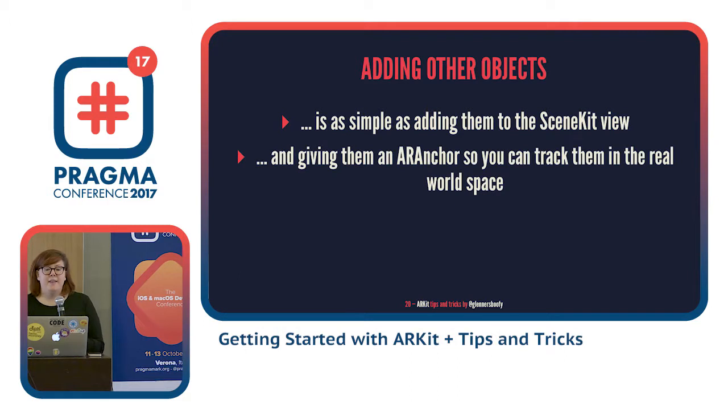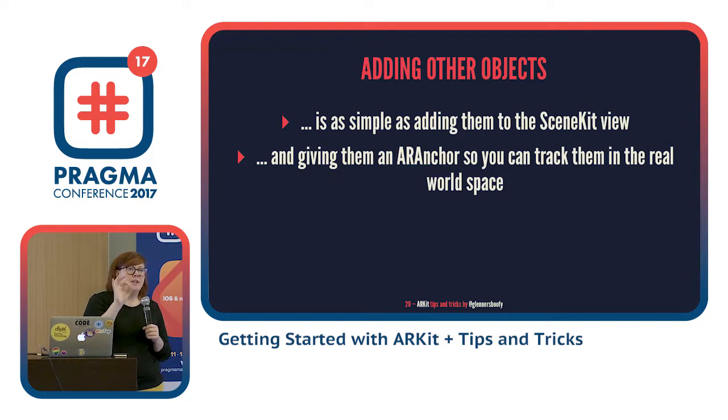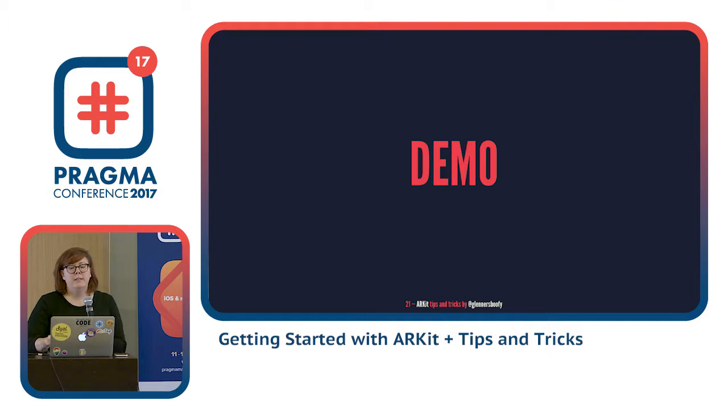And then if you give them an AR anchor, which is basically you say, hey, I want this object to be attached to this feature point so that when you pan the camera around, it adjusts the way you see the virtual object in the real world, then ARKit actually handles all of the changing of the visualizations of that thing for you depending on whatever angle you're on or how far away you are.